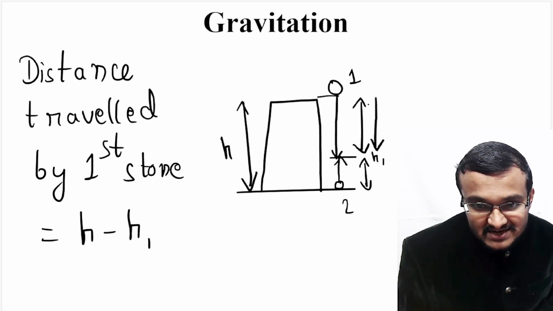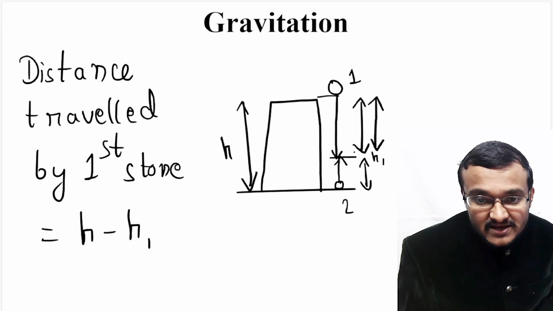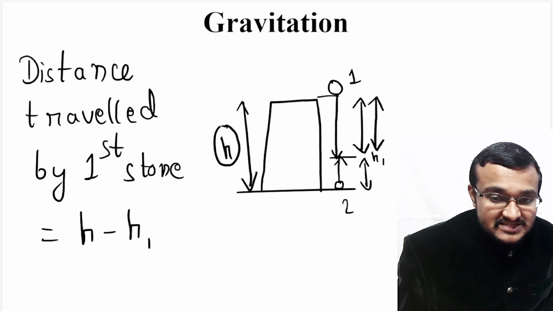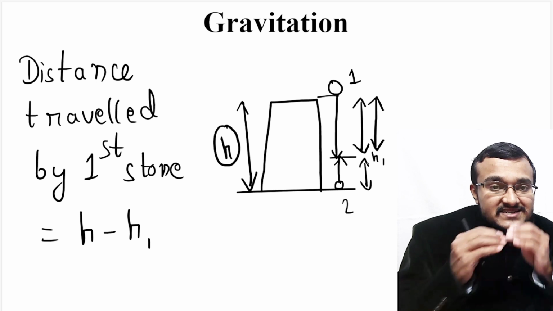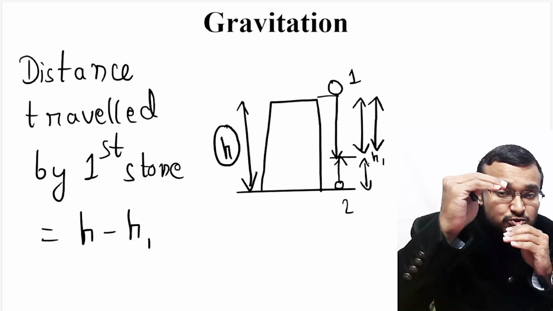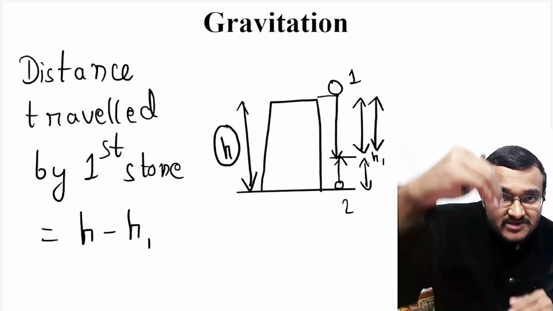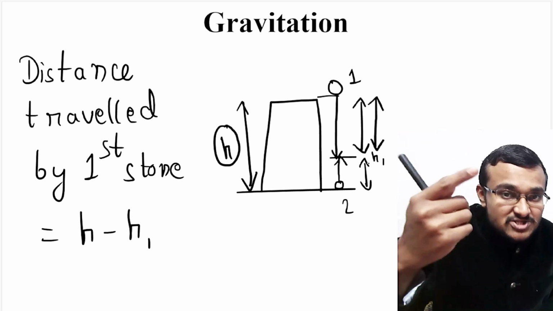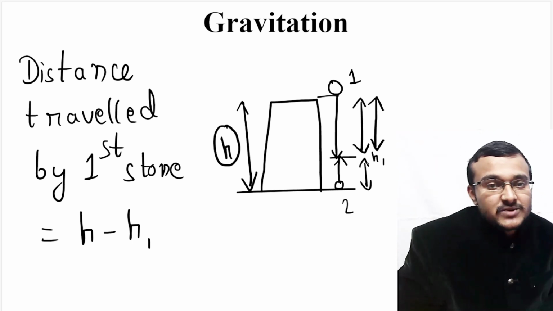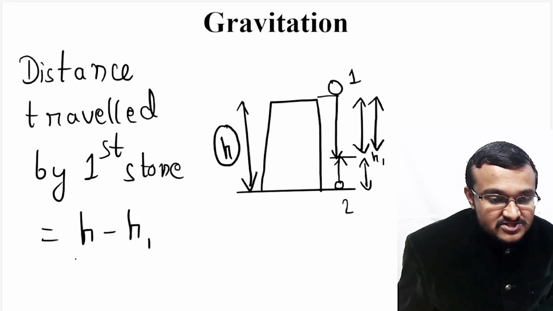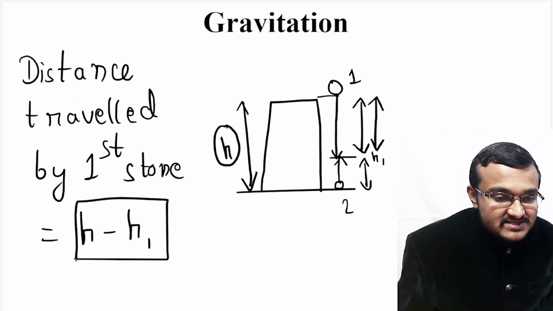The total height of this building is h, and h1 is the distance at which these two stones meet. If you subtract h1 from h, that will be the total distance traveled by stone 1 to reach that h1 position. That's why the distance traveled by the first stone is h minus h1.